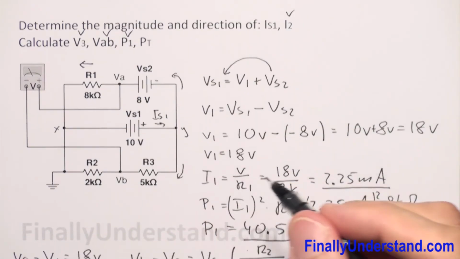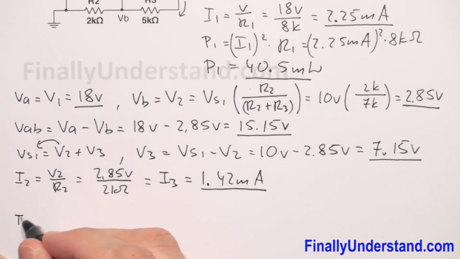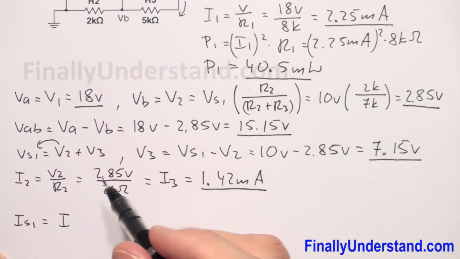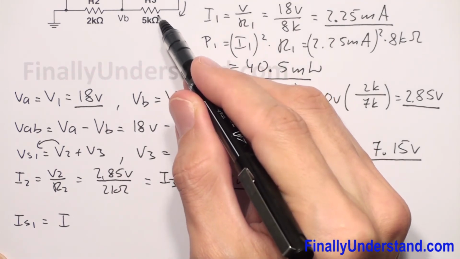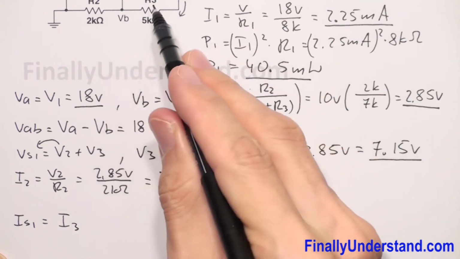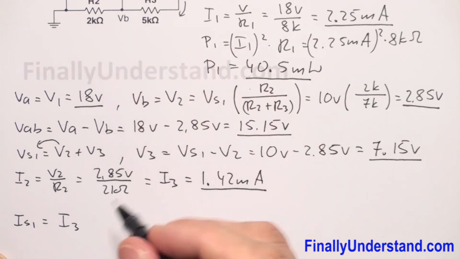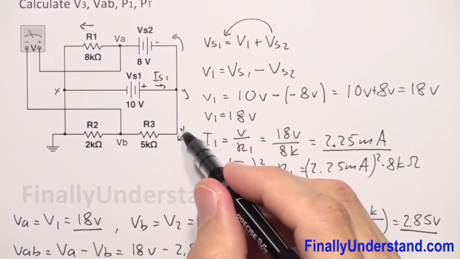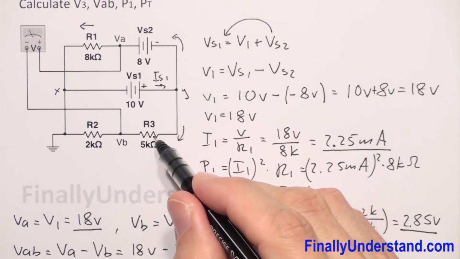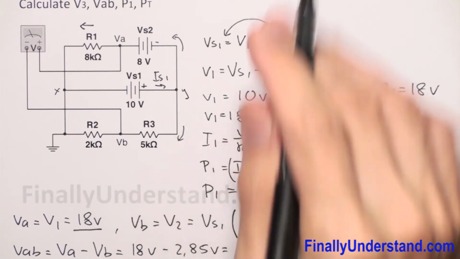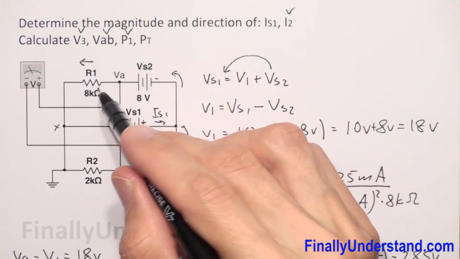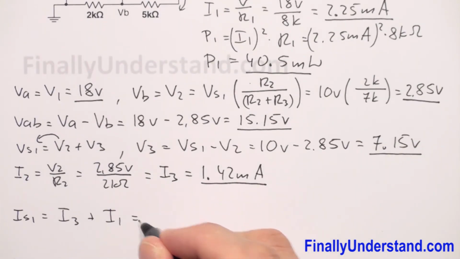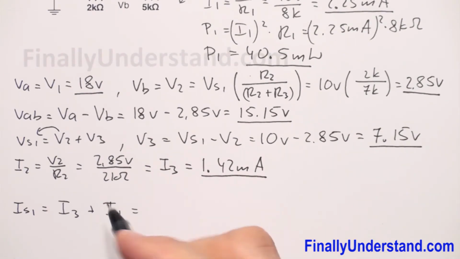So I source 1 is equal I3 plus I1, because in this branch I'm going to have current which is called I2 or I3, the same. In this branch I'm going to have the current which is called I1. So the sum of these two currents will give me current I source 1.